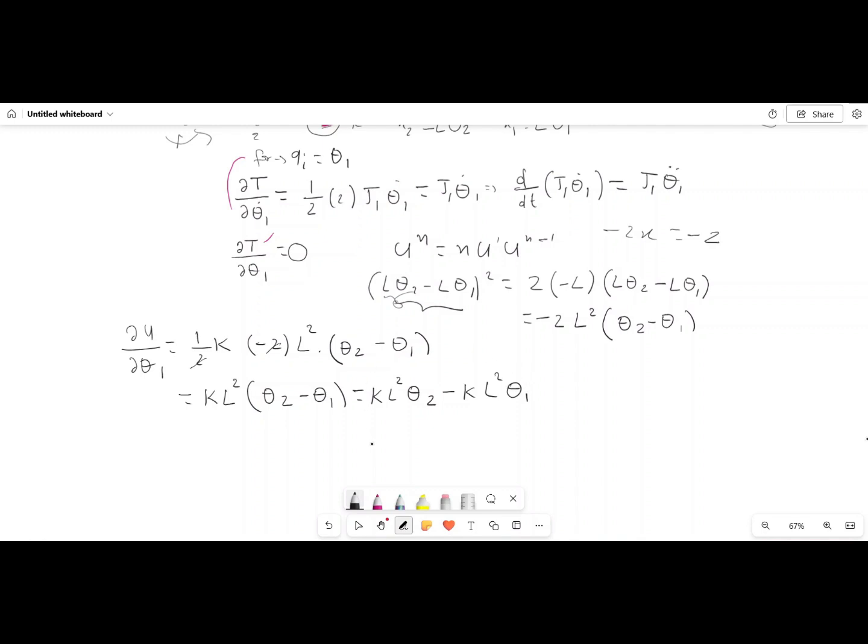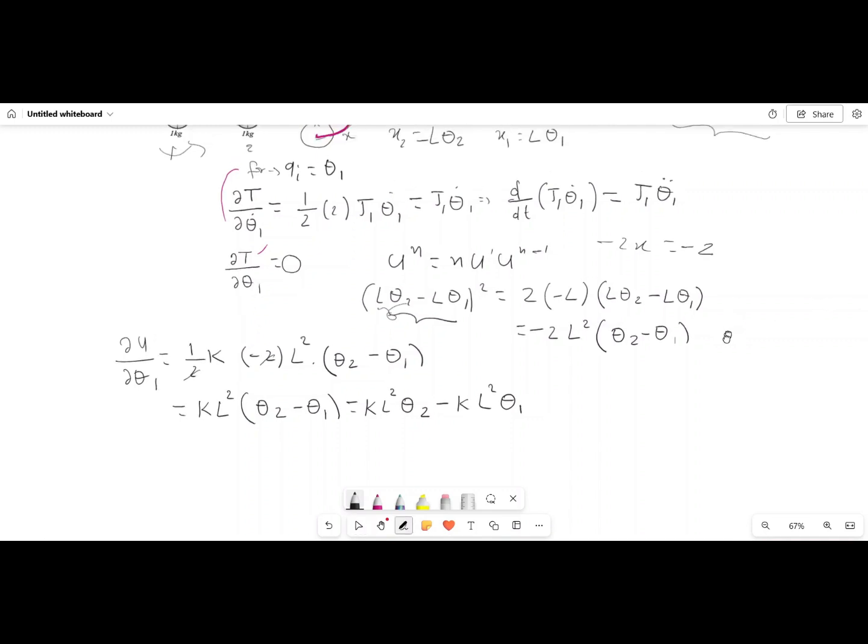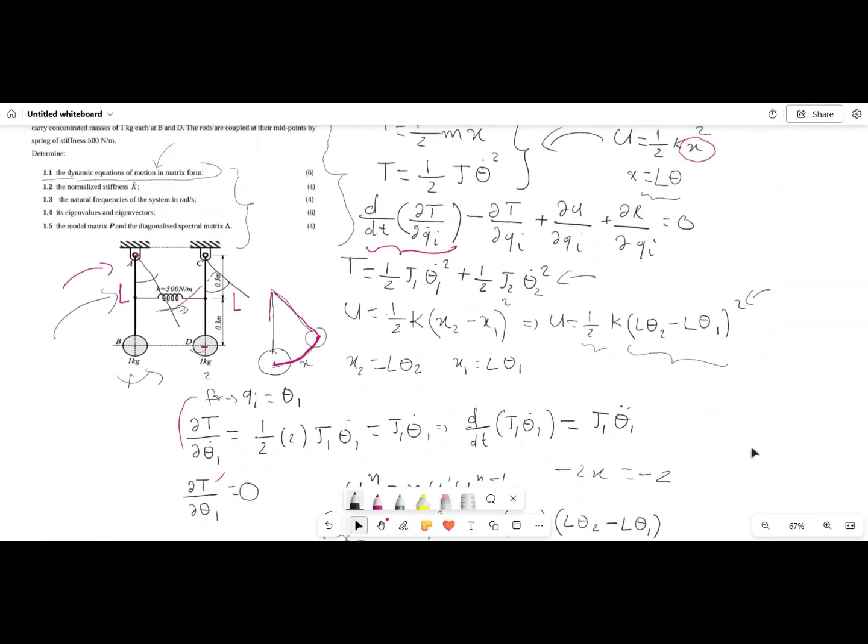So what you have here, guys, is that we basically solved for the potential energy of theta 1. So how do we rewrite the equation? If we follow the general formula, we say that plus partial R over partial qi is equal to 0. In this instance, this will be 0. We have Rayleigh dissipation if we have the presence of a damper in the system. If there is no damper, this part will not exist. So we have solved for everything needed in this equation, and we have to equate it to 0.